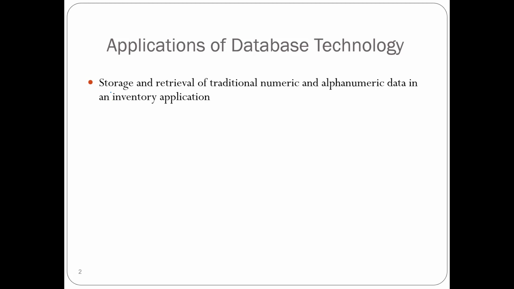The first example that we have here is about the storage and retrieval of traditional numerical and alphanumerical data. This is a simpler version of data compared to the other examples you would see. Here in the first example, this is for an inventory application.